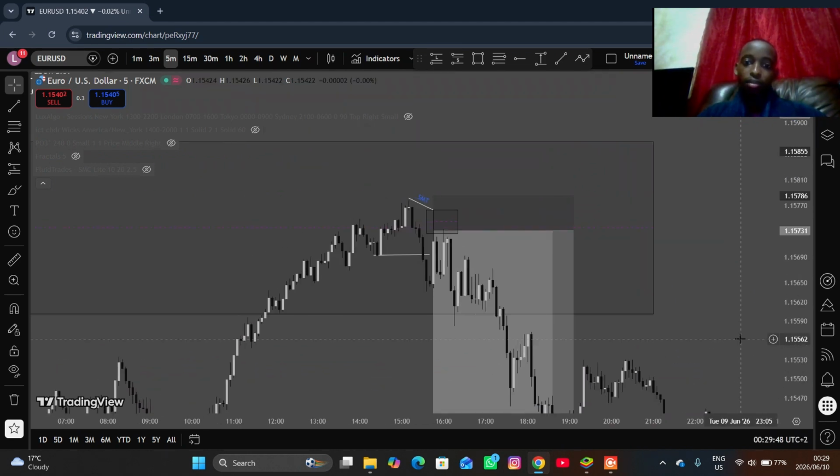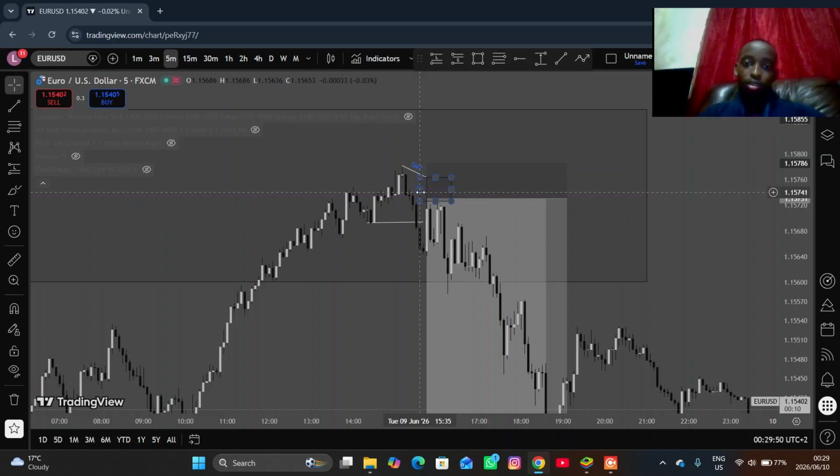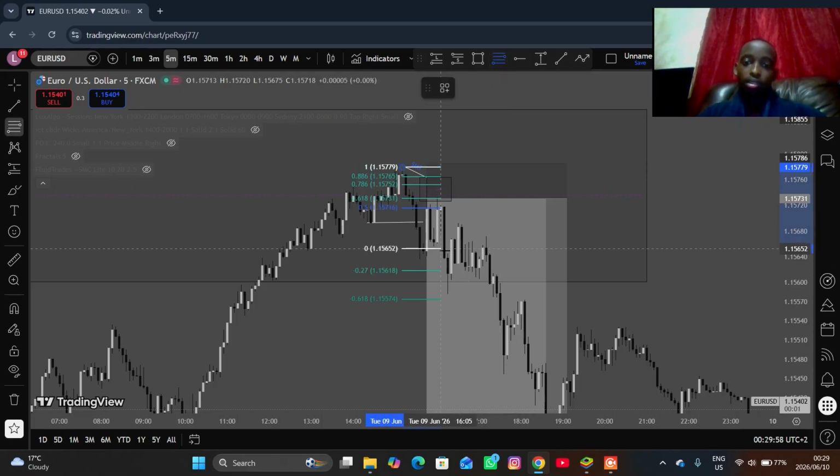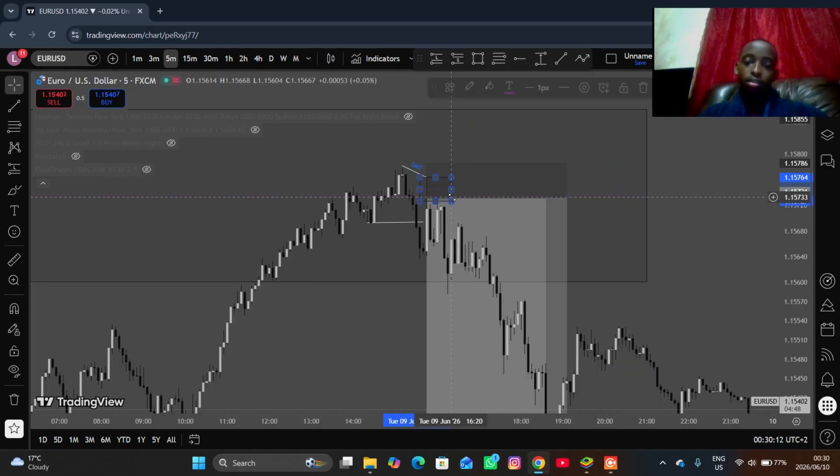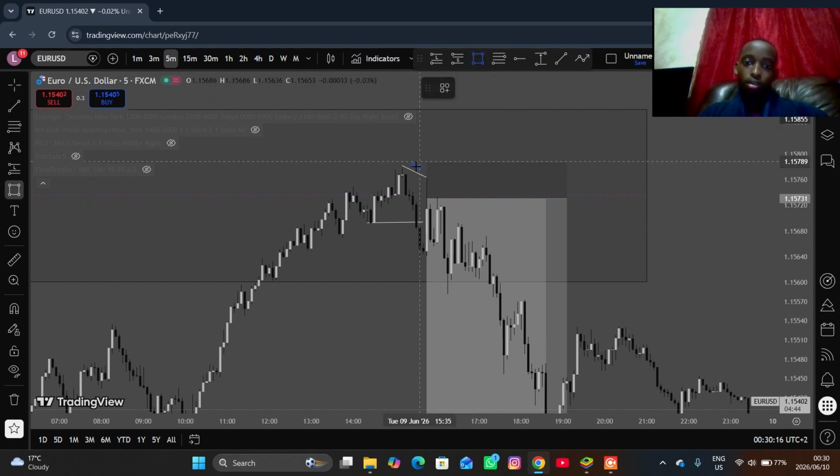Price reacted from the imbalance and retraced into this favorable gap here, but we marked it out as an OTE because that's the 61% fib retracement level. Or we could have just said this favorable gap right here.